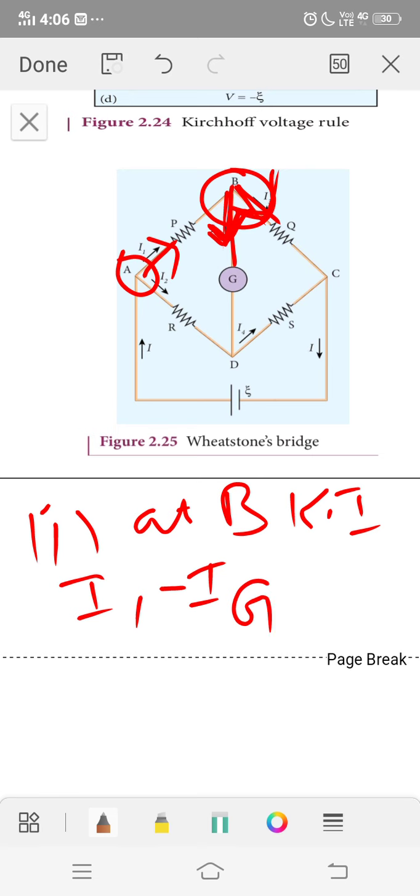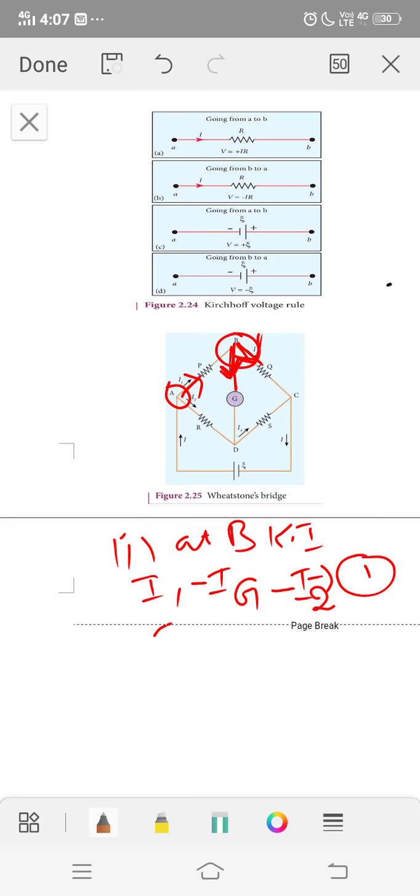The current flowing through resistor Q is also minus, because from junction B the current leaves and moves toward Q. We call that current I2. So the equation becomes equation 1: I1 minus Ig minus I2.